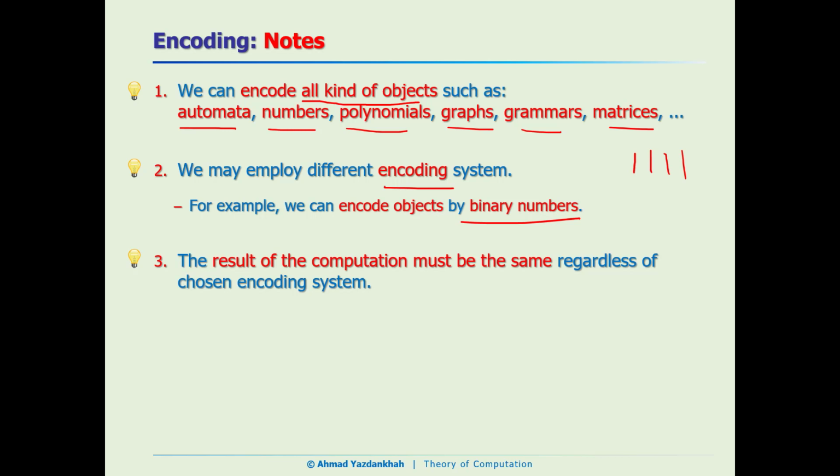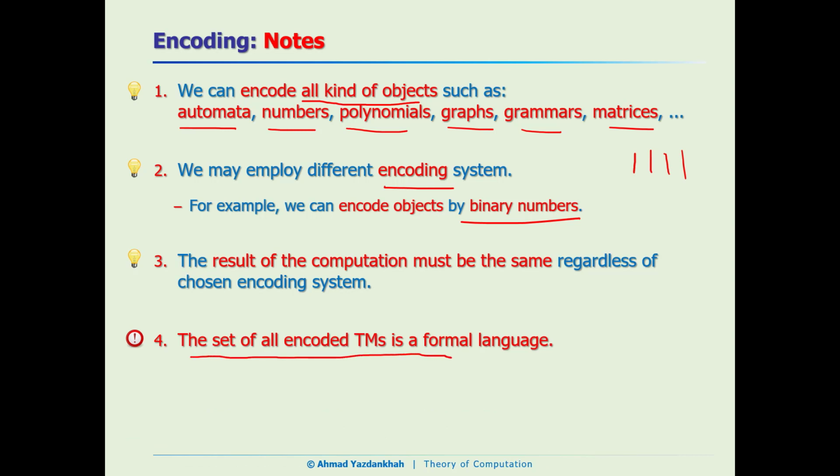And the last point is the set of all encoded Turing machines is a formal language. What? Yeah, if you can convert any Turing machine, let's say Turing machine 1, you can encode it and create a string for that. Turing machine 2, you can create a string for that. And the set of all of these strings itself is a formal language.